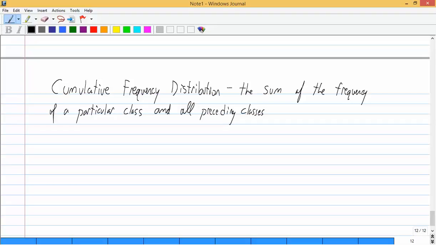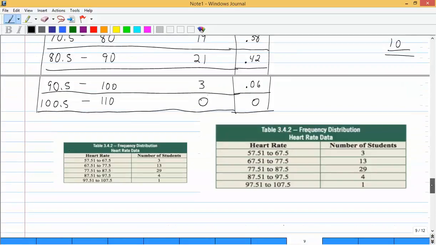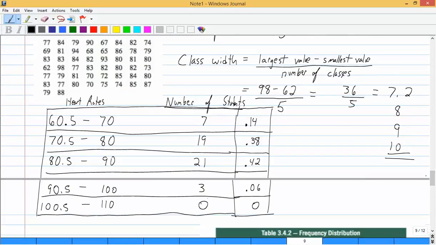So if something is cumulative, that means that from one class to the next, we're just adding and keeping a running total. Okay? So let's go back to our table that we made. Now I'm going to add another column here.